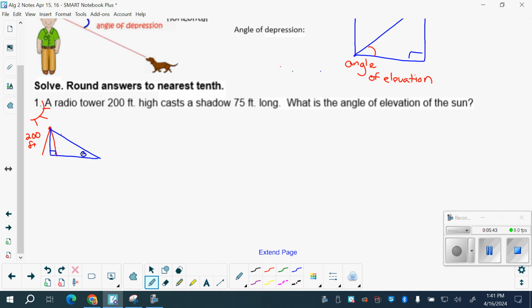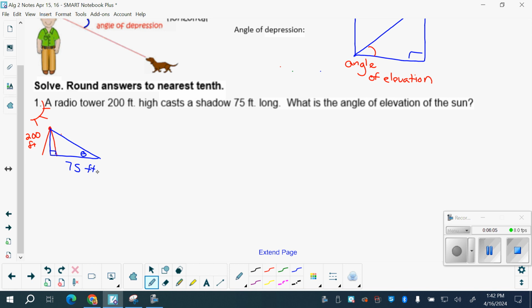Where do you see shadows? Mostly you see them on the ground. It's going to be on the ground on this one. So this distance is 75 feet. Does that make sense? The way I drew the triangle, the 75 is longer than 200, but it's not. This is just a sketch.